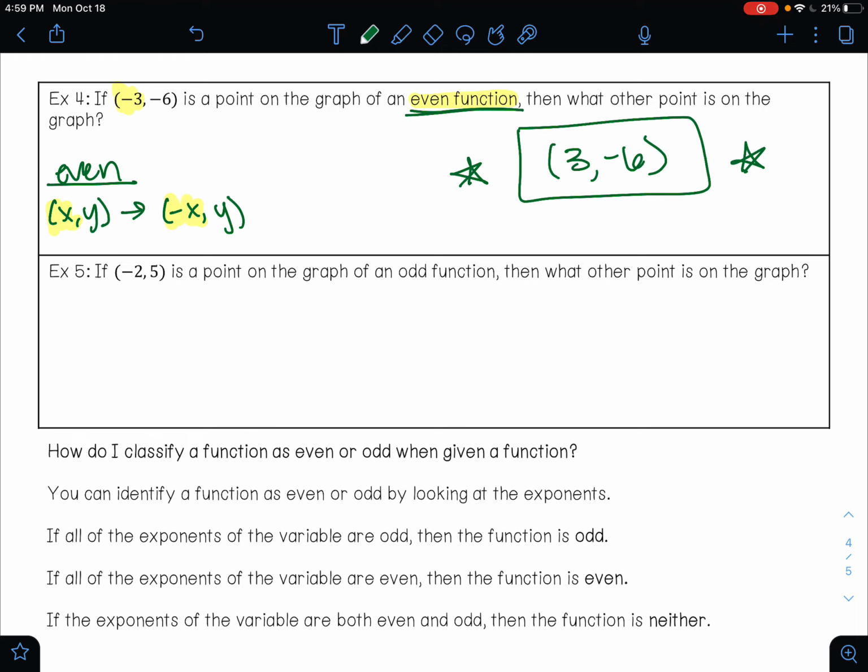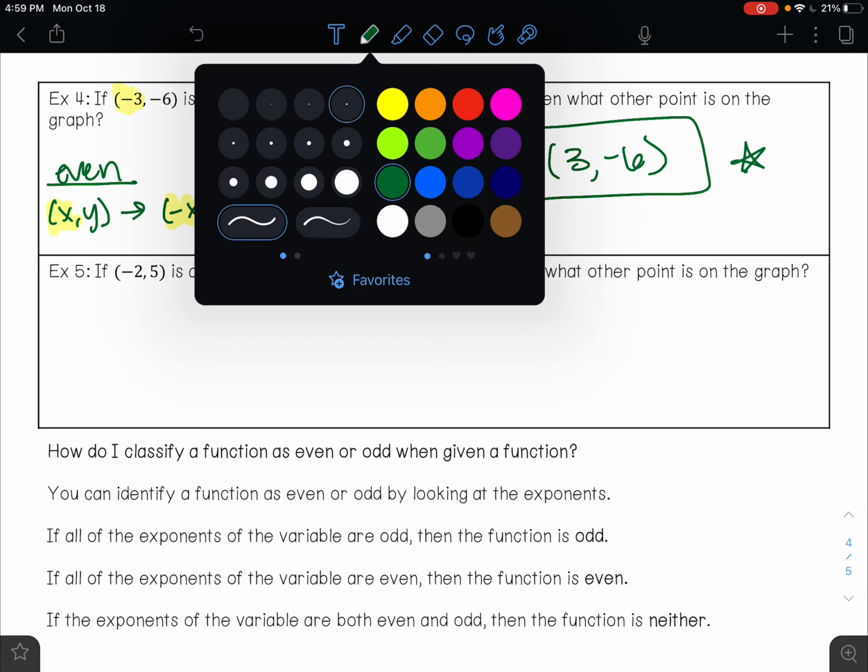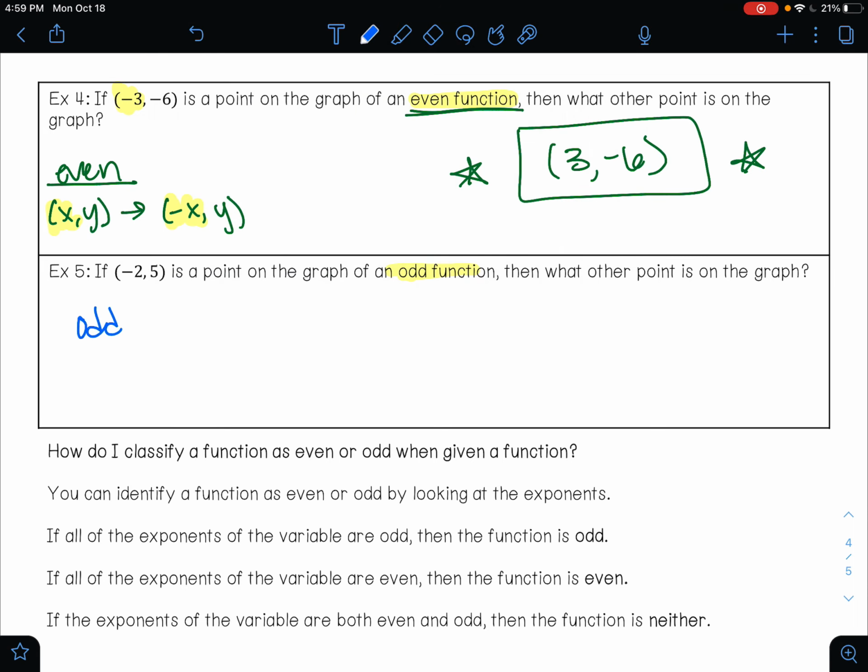On example 5, if the point (-2, -5) is a point on the graph of an odd function, then what is another point on the graph? Well, I know for odd functions, if I have the point (x, y), then I also need to have the point (-x, -y).